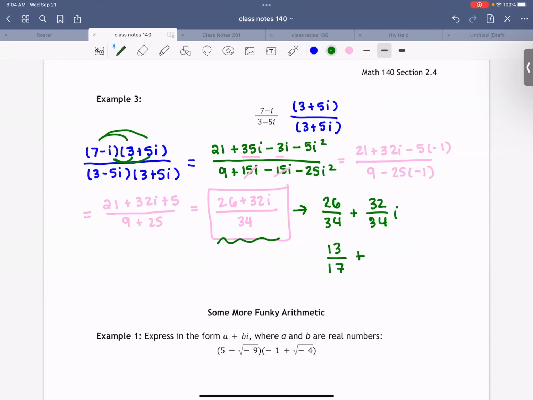And 32 over 34 are both divisible by 2, so that would be 16 over 17, good. I think WebAssign will take that answer. So if you're getting marked wrong there, try splitting up the fraction and also simplifying the fractions. Hopefully you'll be okay.